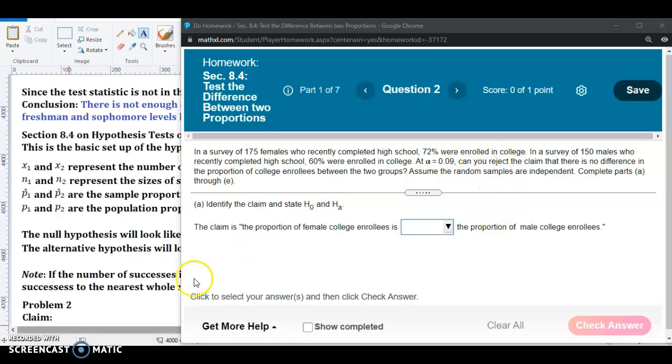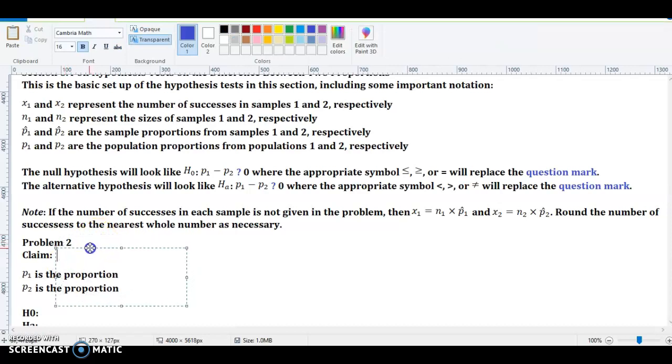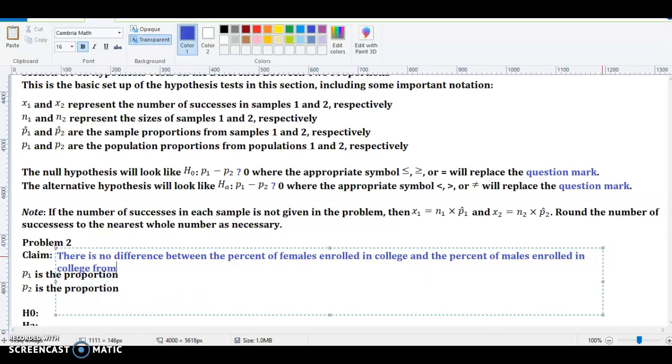Okay, so the claim in the problem is that there is no difference between the percent of females enrolled in college, and the percent of males enrolled in college, from the population of all high school graduates.